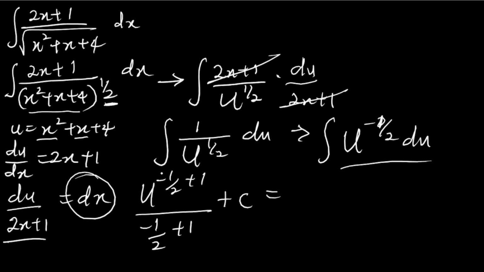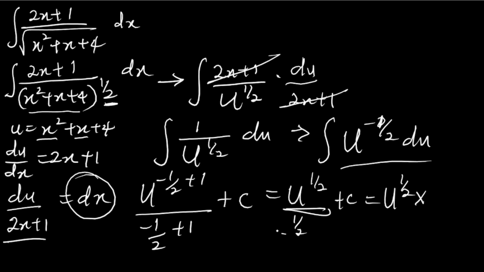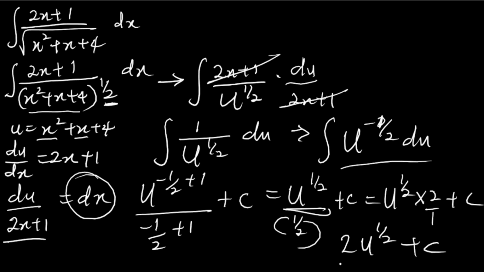Now this will be equal to u raised to the power of minus 1 over 2 plus 1, that's minus half plus 1, which gives us half, divided by 1 over 2, plus c. This also implies u raised to the power of 1 over 2, and when the division sign changes to multiplication, they switch positions. That's 2 over 1 plus c. That is 2u raised to the power of 1 over 2 plus c.